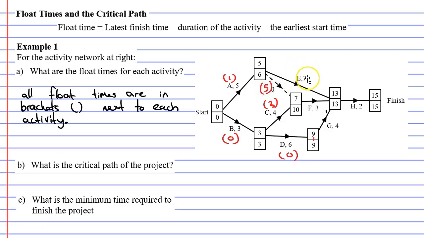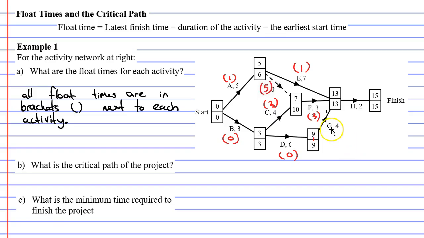So we'll look at activity E now. It has a latest finishing time of 13. 13 minus 7 minus 5 gives us a float time of 1. So it can be delayed by only 1 hour. Activity F has a latest finishing time of 13. 13 minus 3 minus 7 gives us a float time of 3.